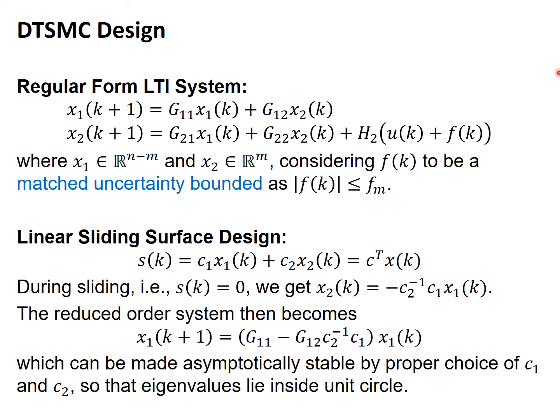And if you do a regular transformation on that, it will come into this form. So the discrete time matrices are G and H. A and B transform to G and H when you do the discretization.